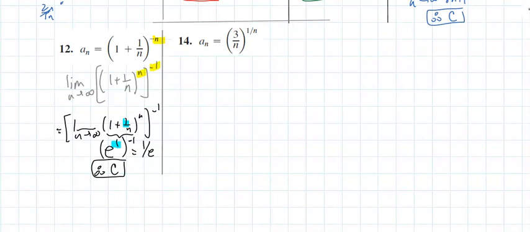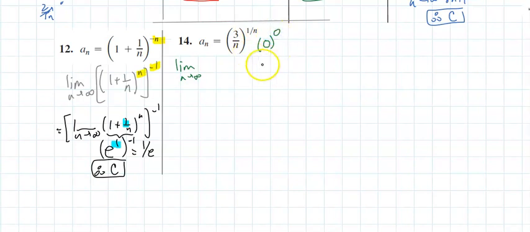If I start problem number 14 and take the limit as n approaches infinity of 3 to the n, and let me see, what am I really looking at? I'm looking at 3 over infinity, 0 to the 1 over infinity, 0. What does that mean?